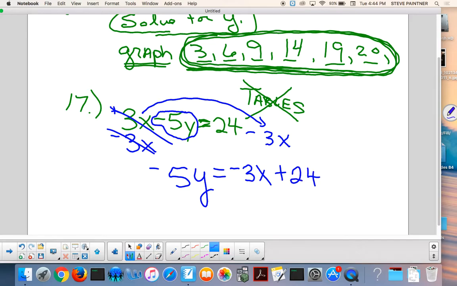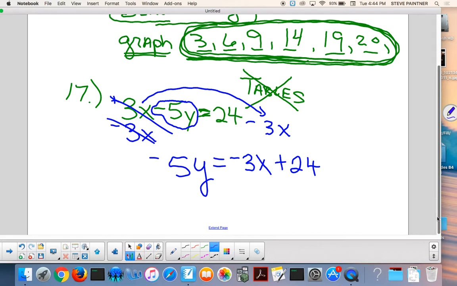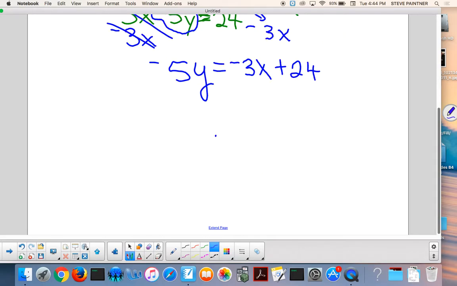And then you just look at it and you say, what do I do to both sides? Well, you want to knock off the multiplication. To get rid of multiplication, you divide. But you cannot just divide by 5 because, yeah, that would cancel the 5's out, but now you have negative y. So always divide by the number you're multiplying by. Negative 5 divided by negative 5 makes positive 1y.